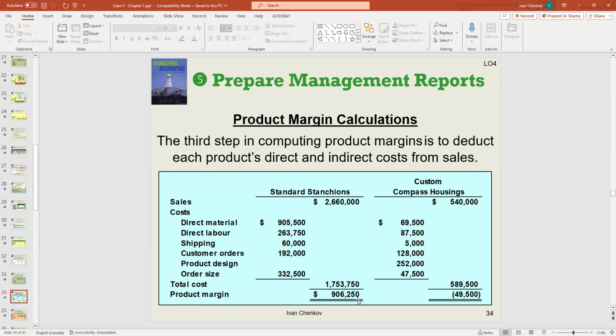Once we plug in that information, we're going to see how much product margin we're generating from the standard sanction, and how much product margin we're generating from the custom compass housing. So as you can see right here, the standard sanction generates a product margin of $906,000, whereas the custom compass housing is losing almost $50,000.